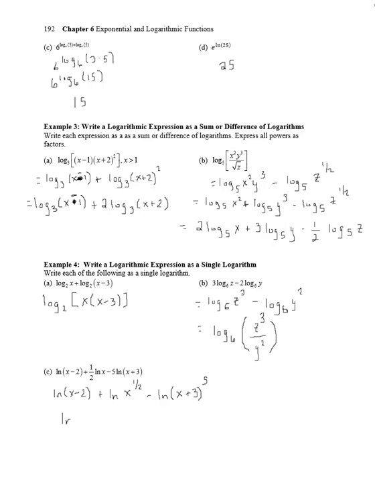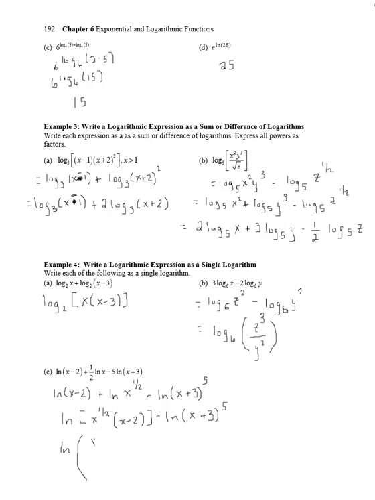So we have the natural log of x to the 1/2 times x minus 2 minus the natural log of x plus 3 to the 5th. And then changing this difference into a quotient, we have the natural log.